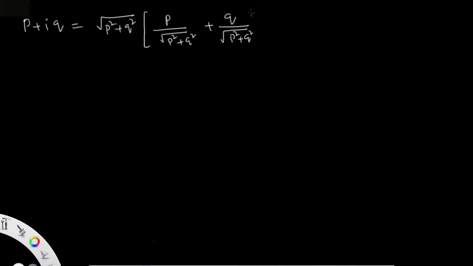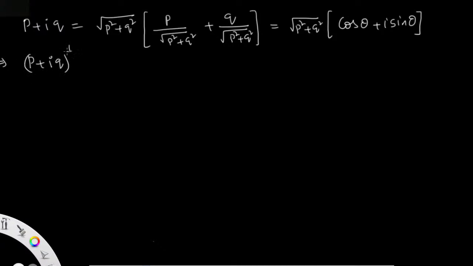Or else we can write it in the simple short form: root over p square plus q square into cos theta plus i sin theta. This is the expression for p plus iq. In the question it is given p plus iq whole to the power of 1 by n.